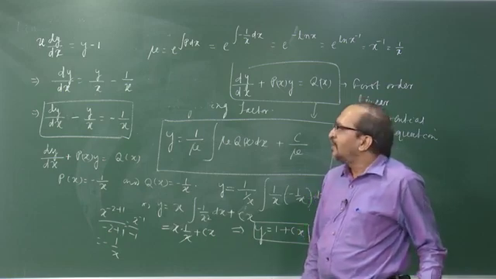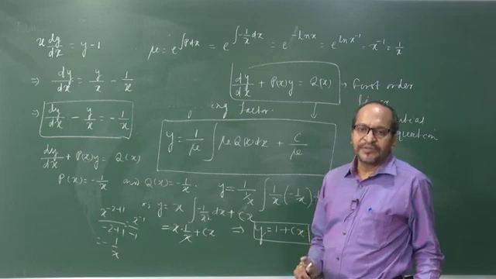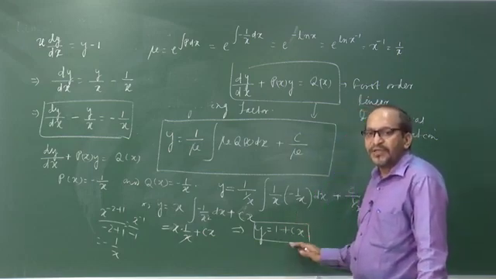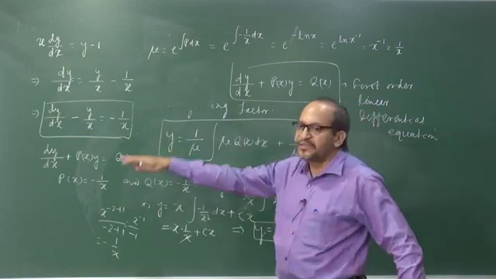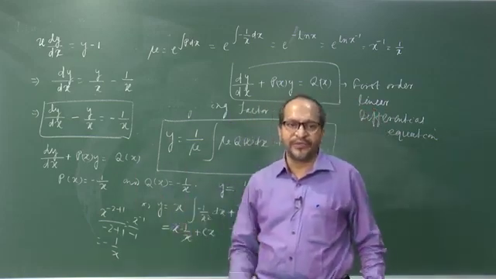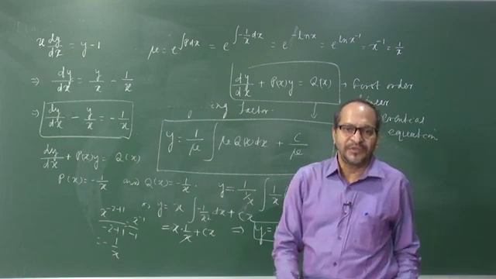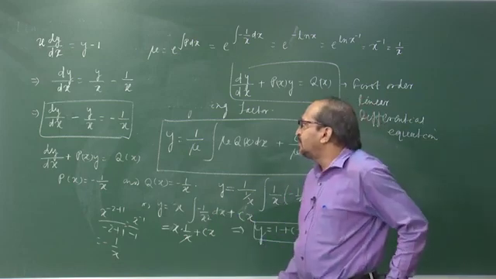Okay. And remember always that if you put your solution of the differential equation in the original differential equation, the identity holds good. I mean, it must satisfy the original differential equation. Okay, you can verify it.